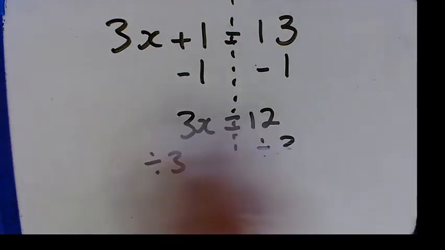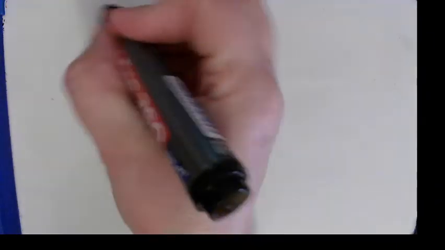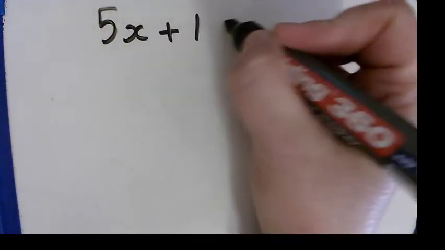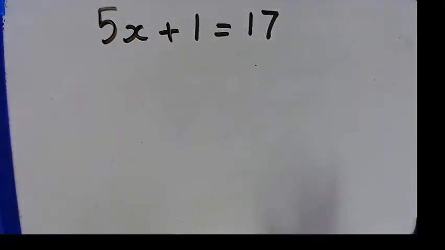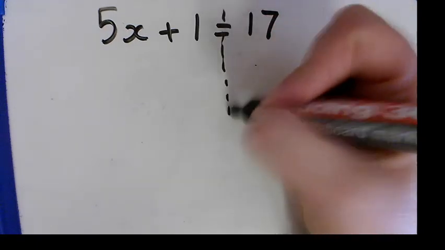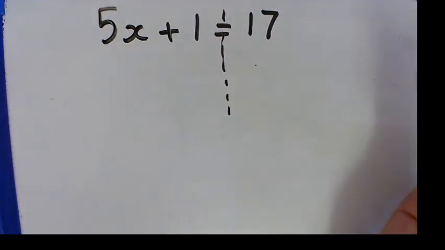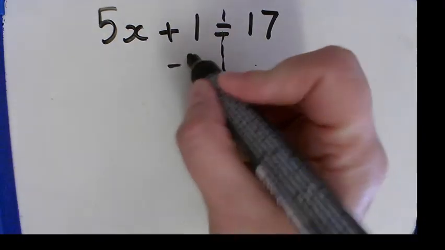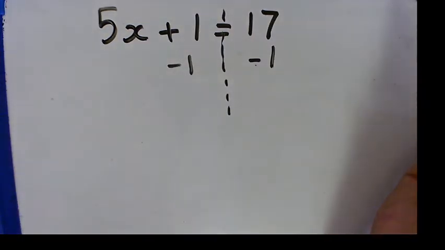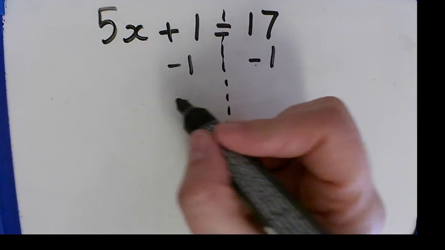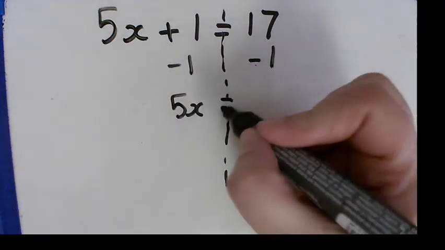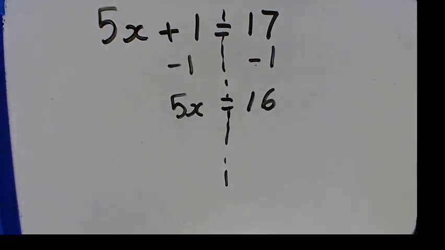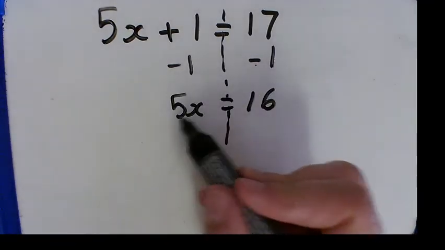Right, let's try another one. Sometimes when you do these two-step equations, the answer doesn't come out to be a very nice number at all. And this is what to do in those situations. So like we did before, we're going to get rid of the add 1 first. How do you get rid of an add 1? You minus 1. So we minus 1 from both sides. On this side, we're left with a 5x. And this side, I'm left with 16. Now remember the next step, this means times.